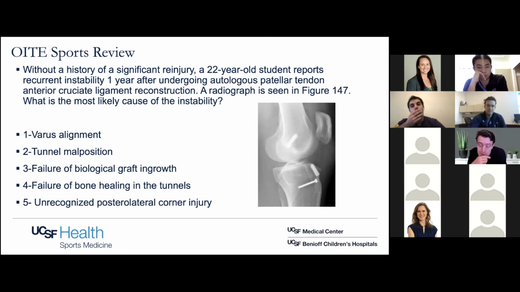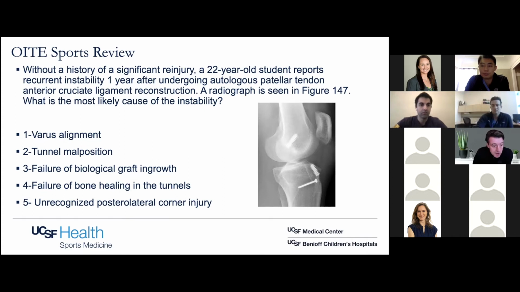Yeah, also many of these patients develop a lack of full extension because they're impinging on the roof, and ultimately that breaks down the ACL and they fail. But just always remember tunnel position number one in your differential diagnosis.